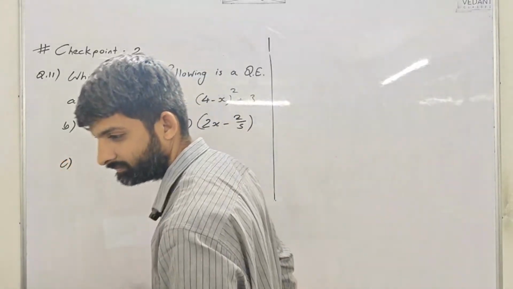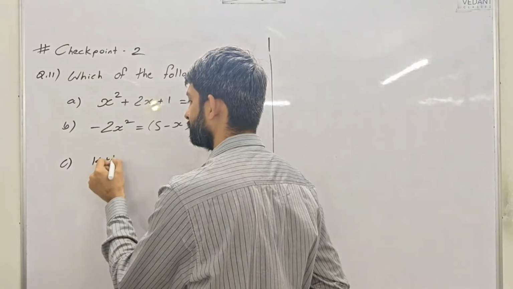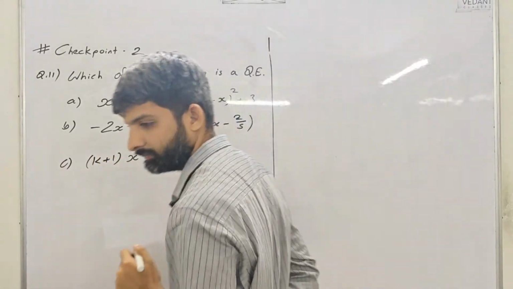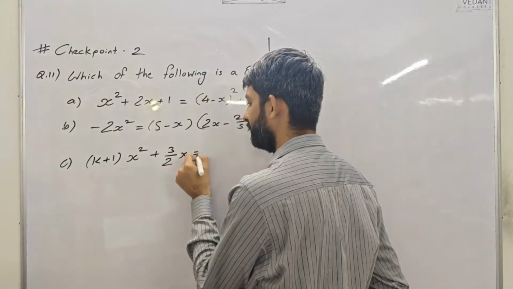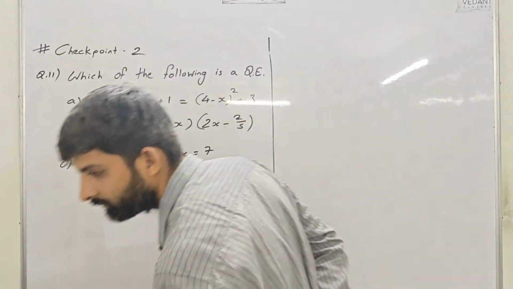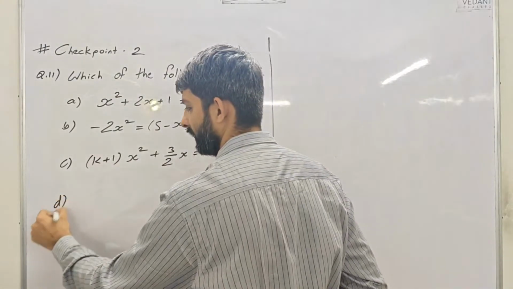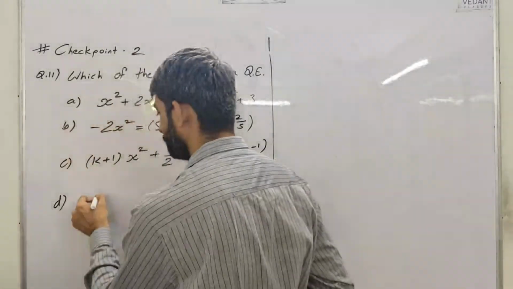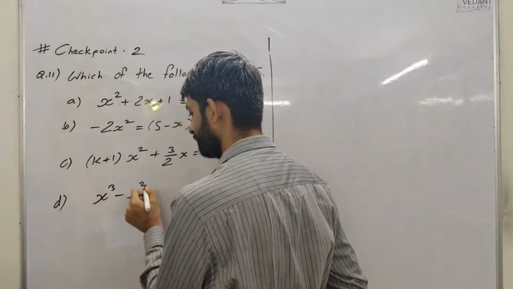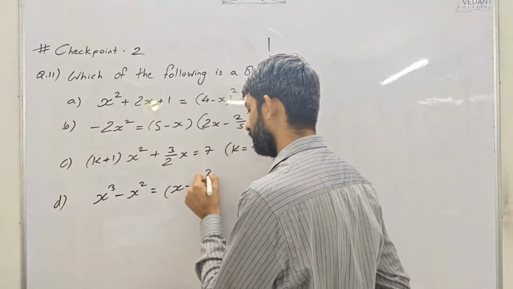Option C: k plus 1 x square plus 3 by 2 x is equal to 7, where k is equal to -1. And option D: x cube minus x square is equal to x minus 1 the whole cube.